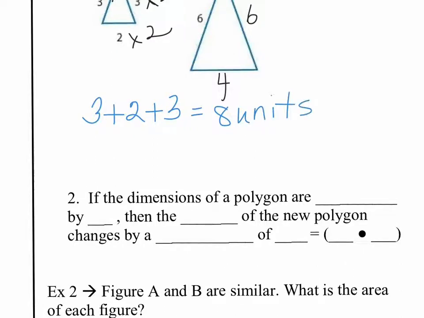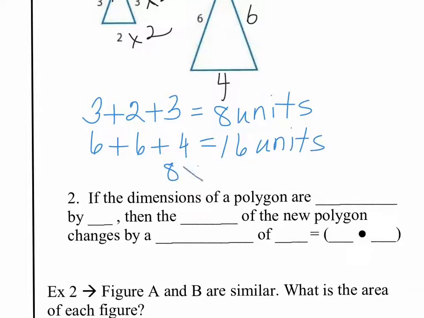The other one, you would take 6 plus 6 plus 4, which would give you, that is correct, 16 units. What do you do to 8? Multiply or divide to get to 16? That is correct. You'd multiply by 2, just like you did on the figure to find the dimensions of the larger triangle.